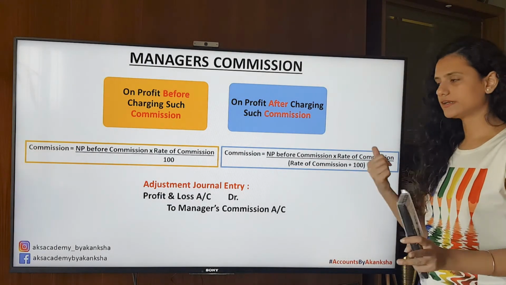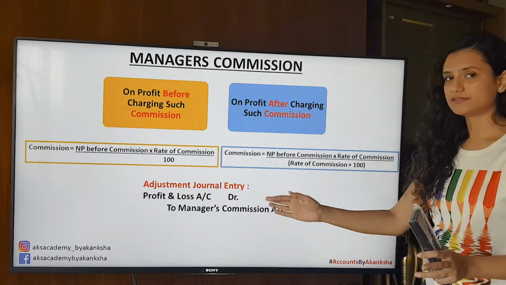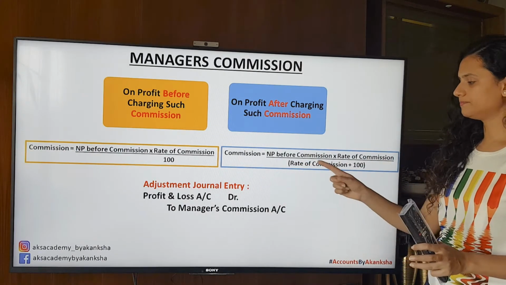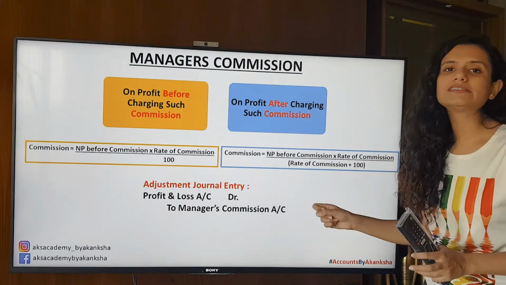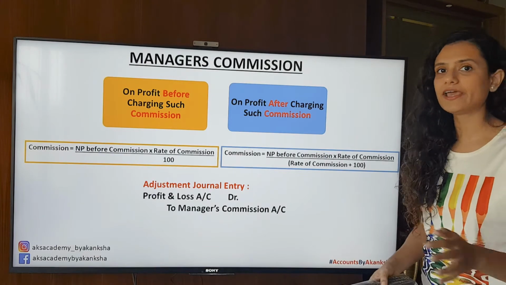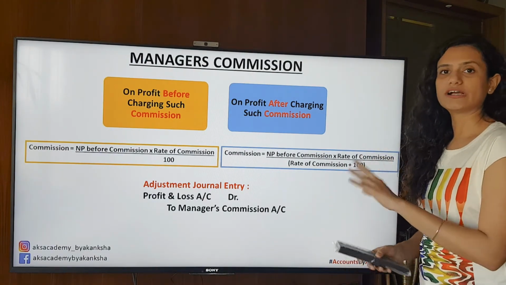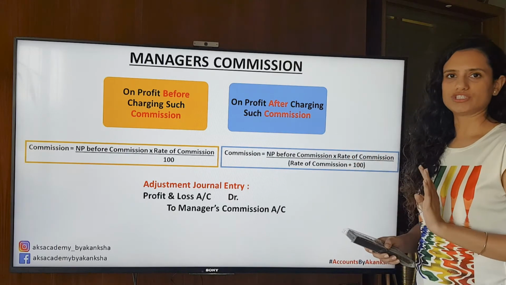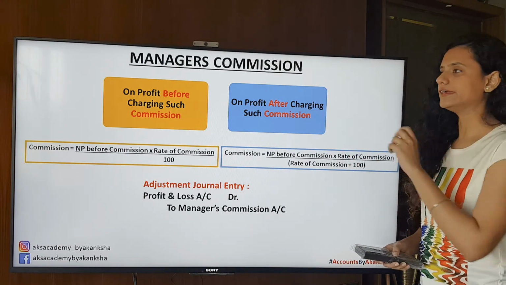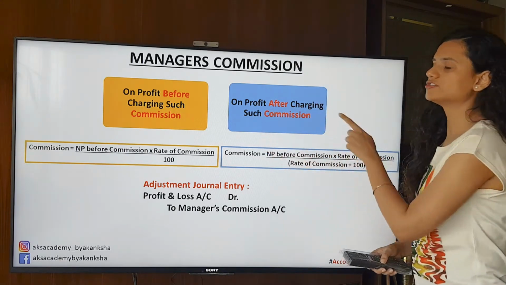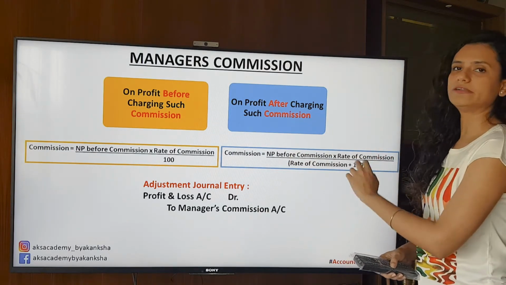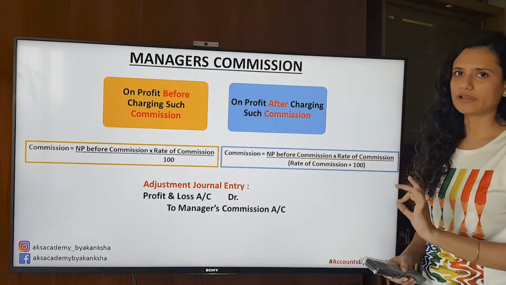If it is 10%, take 10%, but divided by 100 plus the rate of commission. So if it is 10 this will be 110, if it is 5 this will be 105, if it is 6 this will be 106. Whatever be the rate, if they are saying after charging such commission, you have to take it as 100 plus that percentage rate.